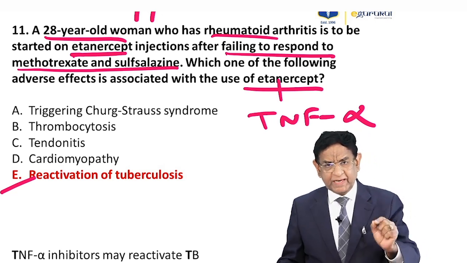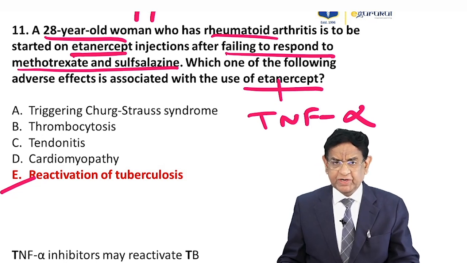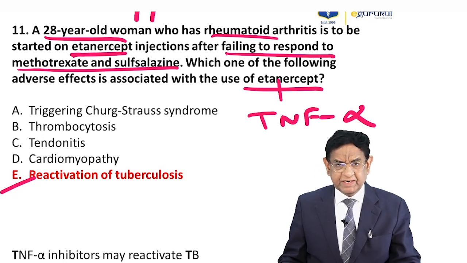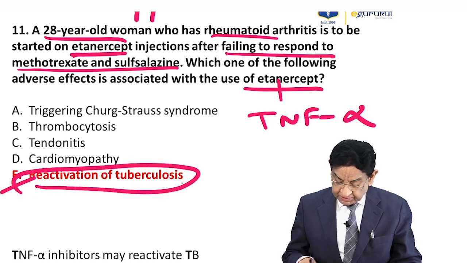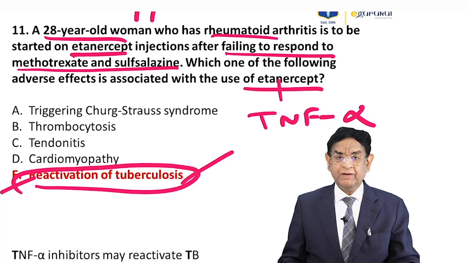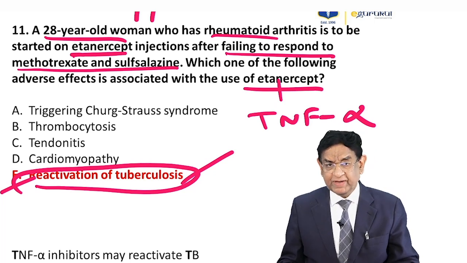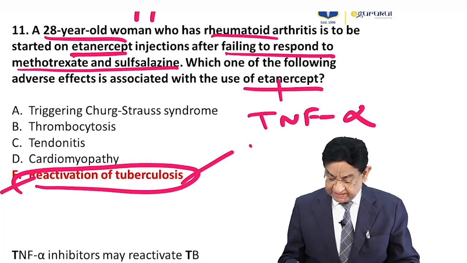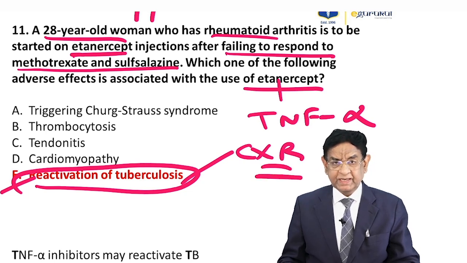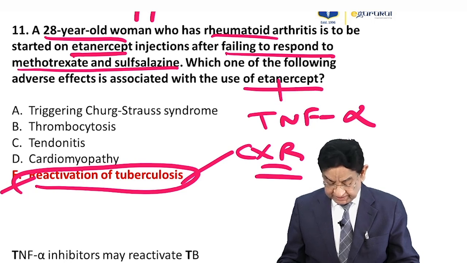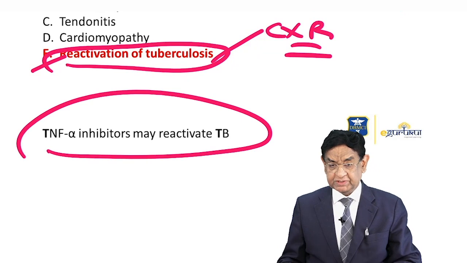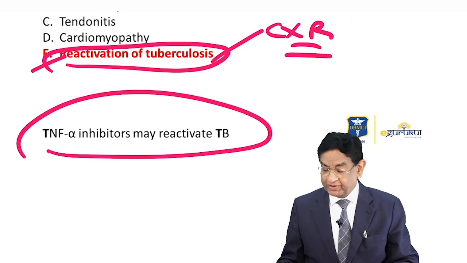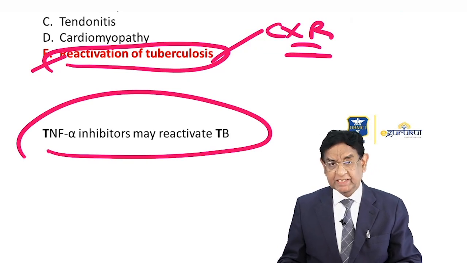Whenever we are giving any TNF alpha neutralizing drug, one of the dangerous side effects is reactivation of tuberculosis. That's why, when we are planning, at least a chest X-ray should be done to rule out any tuberculosis focus.